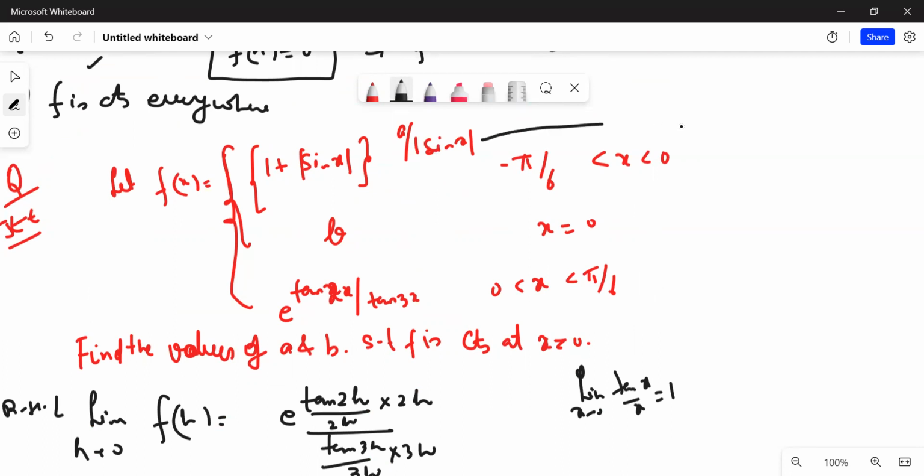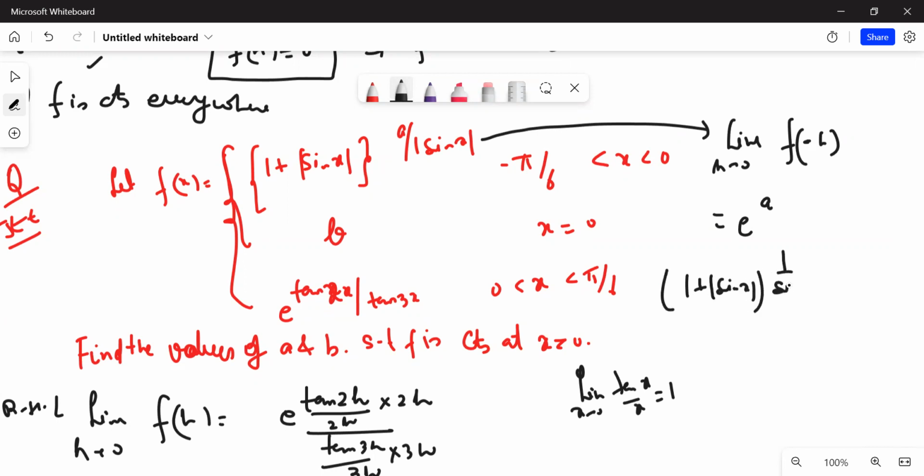So this limit to the left, I'll write limit h tends to 0 f of minus h, would simply be equal to what? e की power a तो होगा, थोड़ा ध्यान से देखो. यहाँ पर क्या रहा है? 1 प्लस साइन एक्स का मॉड, और इसको एक बार ले लो 1 अपॉन साइन एक्स का मॉड और इस whole की पावर a. अब सोचो x टेंड्स टू 0 पे यह 0 की तरफ जा रहा है, यह इंफिनिटी की तरफ जा रहा है. Remember the formula (1 plus lambda x) raised to power 1 upon x as x tends to 0 is simply equal to e to the power lambda. तो ये हो जाएगा e की पावर a, isn't it?